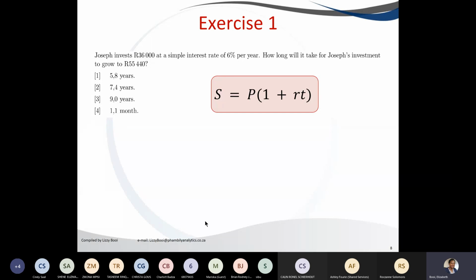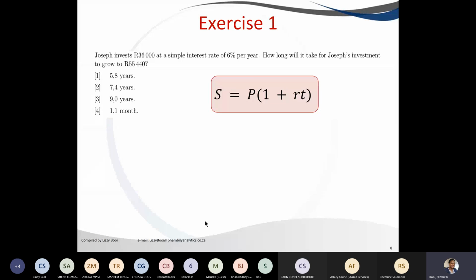So in the past weeks, I think on Friday, we did activities where we looked at how to change the subject of the formula. So in this instance, you need to make T the subject of the formula, and T is multiplying with R. So somewhere you will have to divide by the value of R, or move RT to the other side, or something like that.